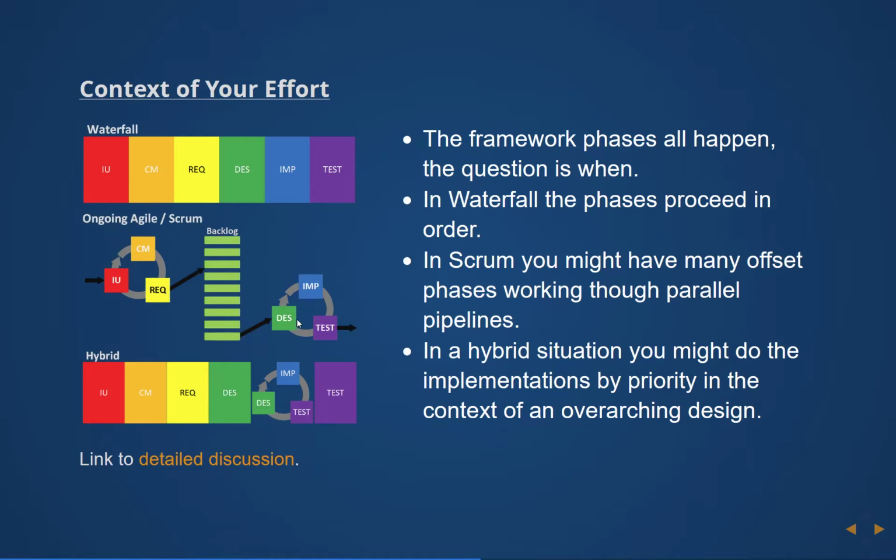You'll take things off the backlog and do design, implementation, test, and delivering. And you may have a hybrid situation where you have the overall design of the thing kind of worked out, and then you're just doing a kind of iterative thing with the actual implementation.